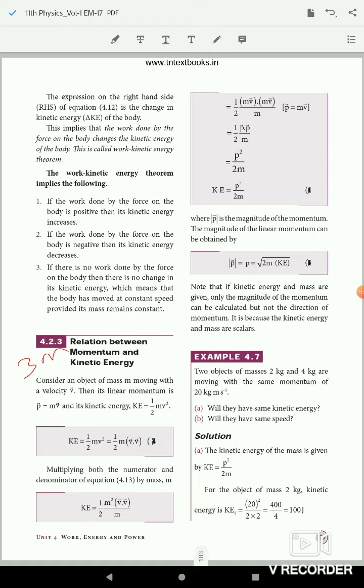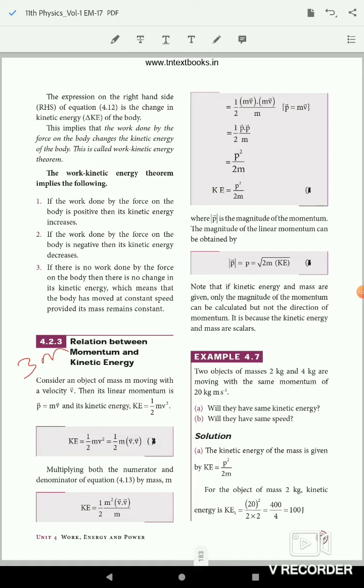You separate this v square as v into v, so half m v vector dot v vector. Multiply and divide by m. Any value you multiply and divide by the same value, the value will not change. So Ke equal to half m v vector dot v vector divided by m.